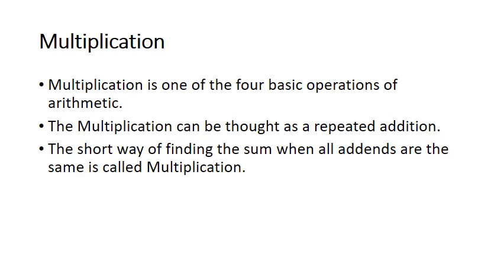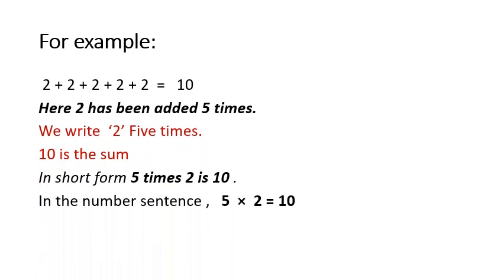Now let us learn more by observing an example. For example, here you can see that 2 I am repeating more number of times, that is 5 times. So here I am adding 2 5 times and the answer is 10.